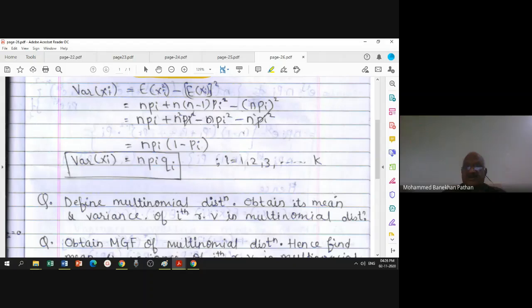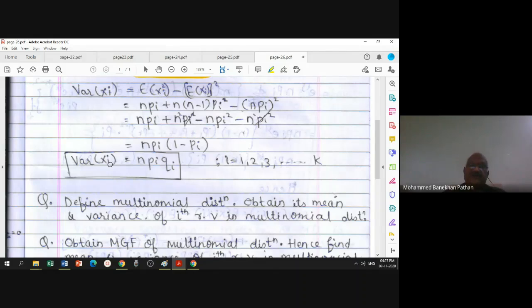Now from here and here, n pi is common. So n pi, this will be 1 minus pi. And what is 1 minus p? It is q. So 1 minus pi becomes qi. Finally, the variance of xi is n pi qi. I take i values 1 to k, which coincides with the knowledge of binomial. If x is a binomial random variable, mean is np and variance is npq.